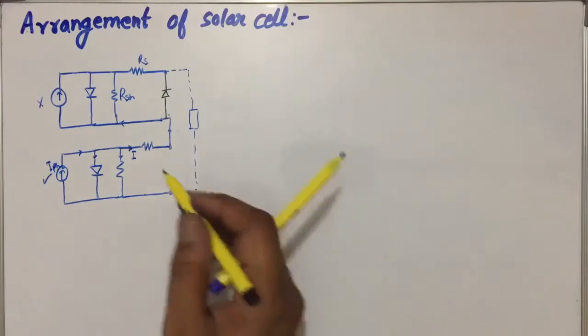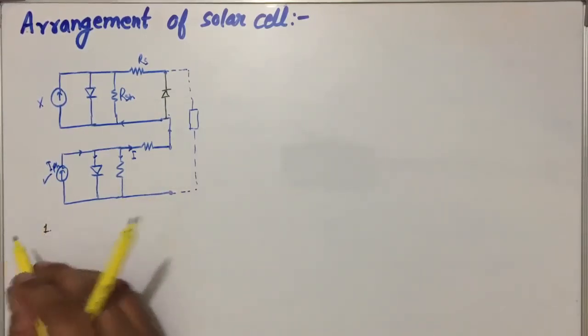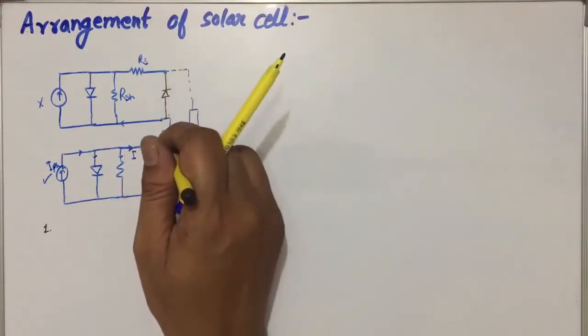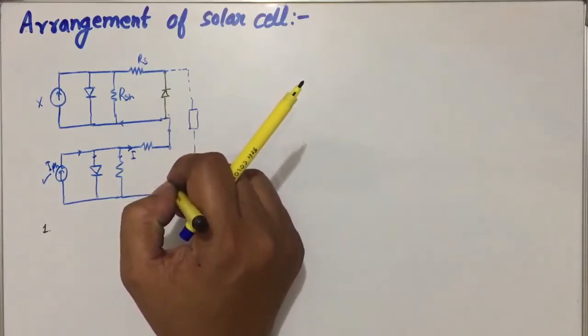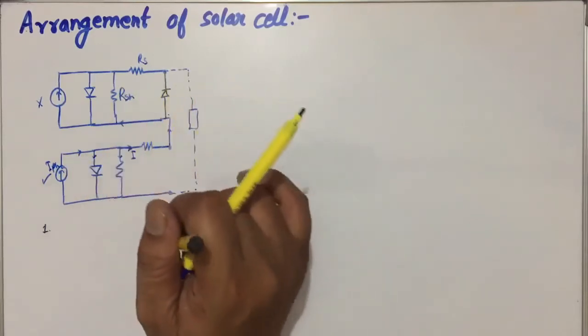This diode is performing two tasks. The first task is it provides an alternate path to the current to complete this circuit and does not let the series combination get affected.